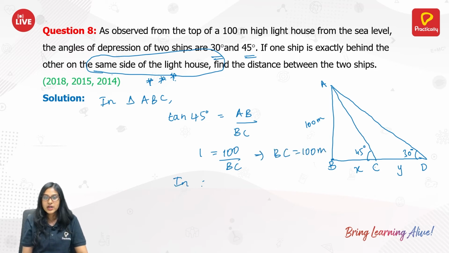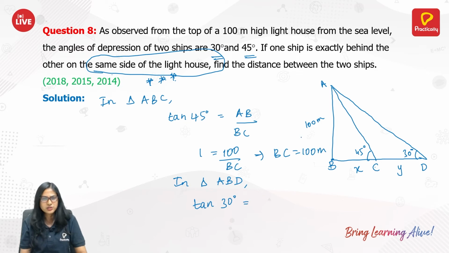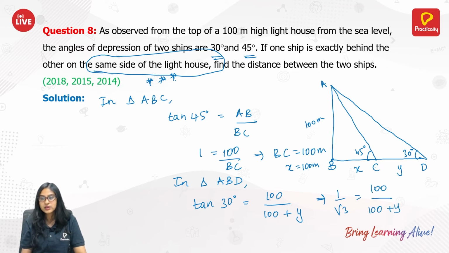Now, in triangle ABD, tan 30 degrees equals 100 by x plus y. What is x? BC. So, 100 plus y. What is tan 30? 1 by root 3. 1 by root 3 equals 100 by 100 plus y.